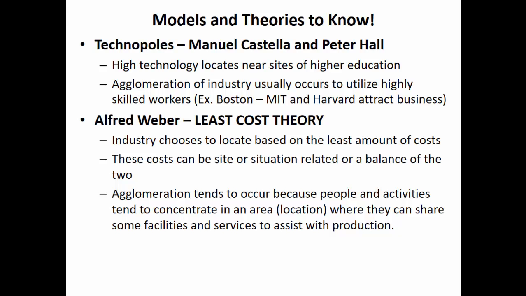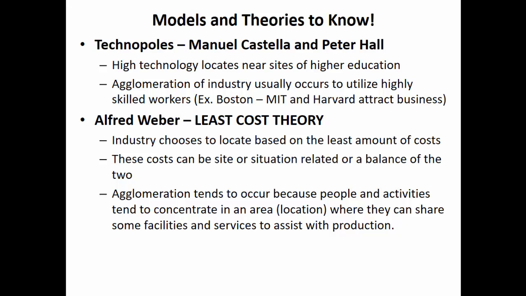A lot of innovators, a lot of entrepreneurs that come up with their own ideas. And so they cluster in these areas to take advantage of these high-skilled, high-value workers that they can hire right out of college.